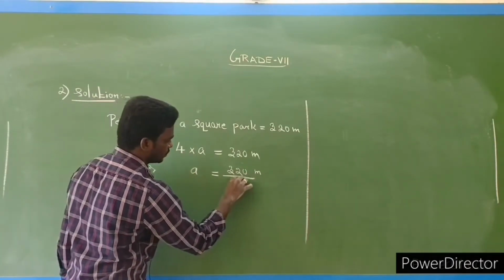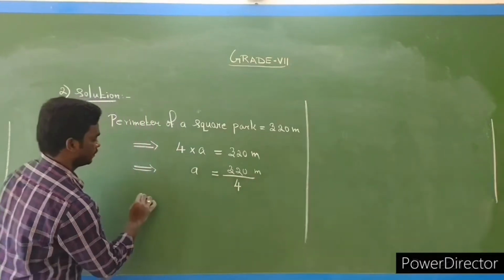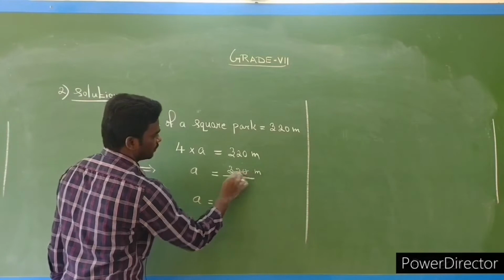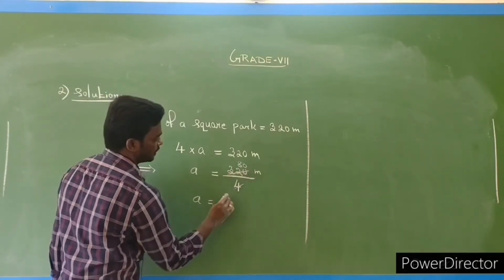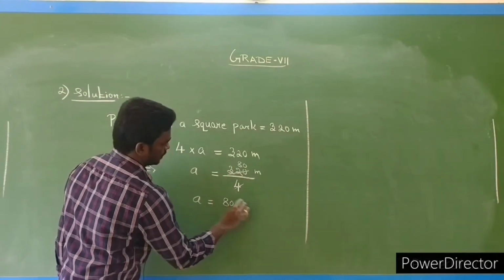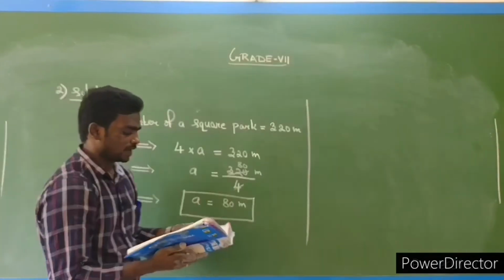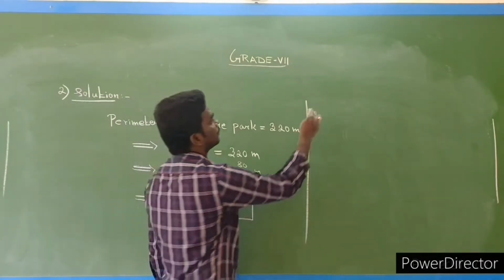This 4 is transposing to division to the right side, which implies a is equal to, 1 4s are 4, 8 4s are 32, so 80 meter. So side of a square is 80 meter.